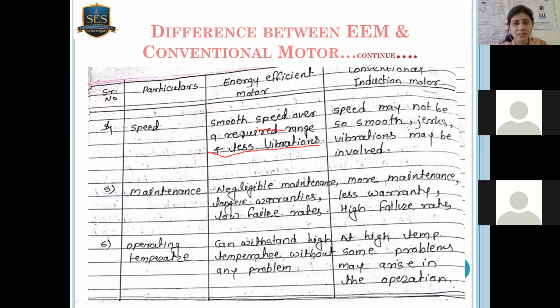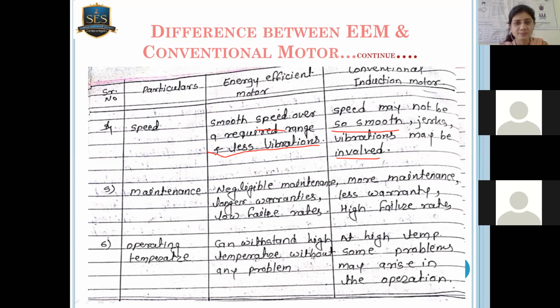In this type of motor, vibrations produced are less. After that, in the conventional motor, speed may not be so smooth. Jerks and vibrations may be involved. So in the conventional motor the possibility of jerky operation is higher, as well as the vibrations are of higher value as compared to the energy efficient motor.